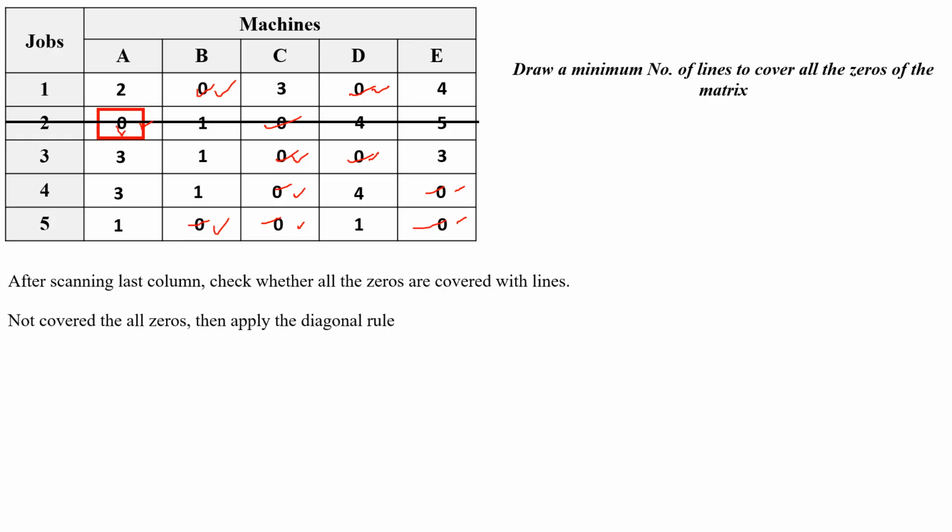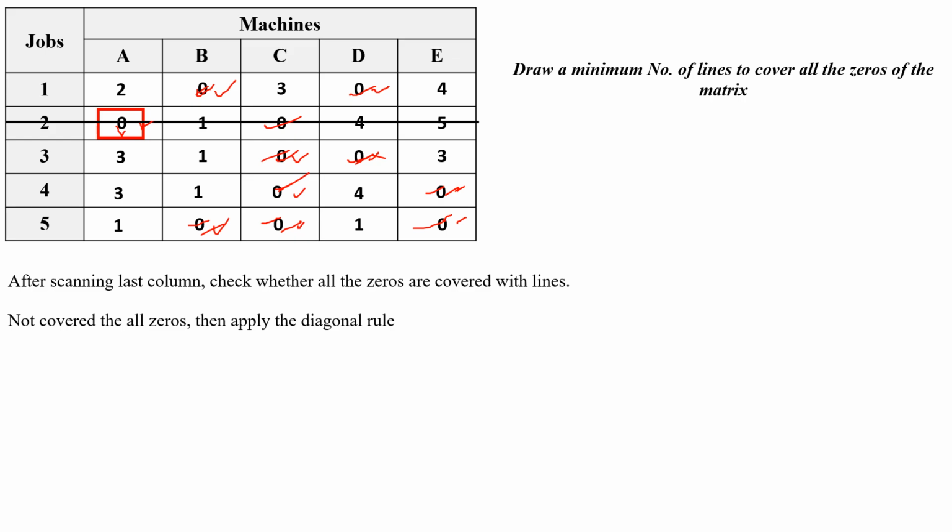After scanning the last column, check whether all the zeros are covered with the lines. Here zeros are not covered with the lines. So in this situation we have to apply the diagonal rule.